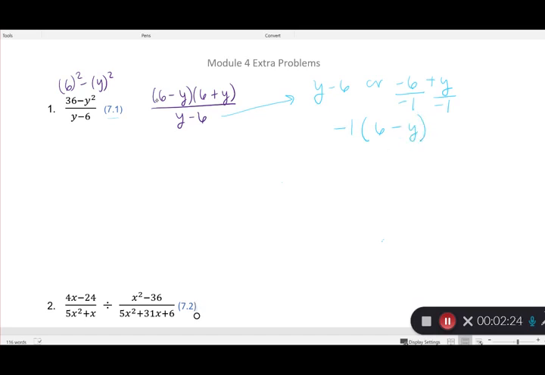Now it looks like the numerator. So my numerator has not changed: 6 minus y, 6 plus y, divided by my new denominator, which is negative 1 times 6 minus y. And you see, if I distributed this negative 1 back through, I would have the same thing I started with. I would get a negative 6 plus y, which is the same as y minus 6.